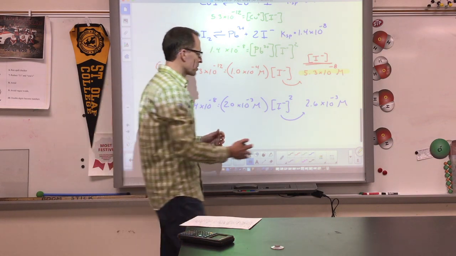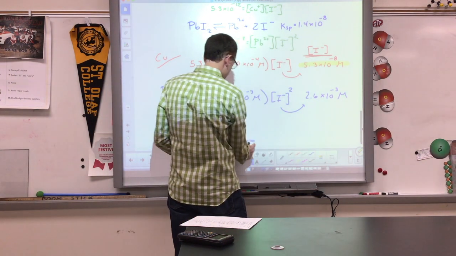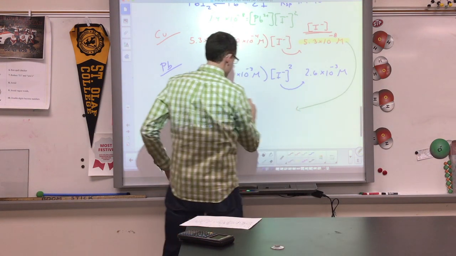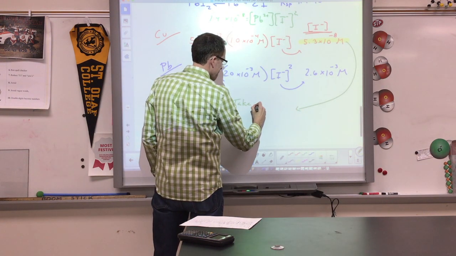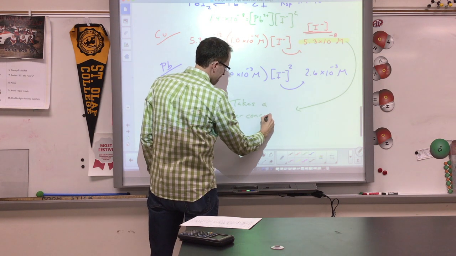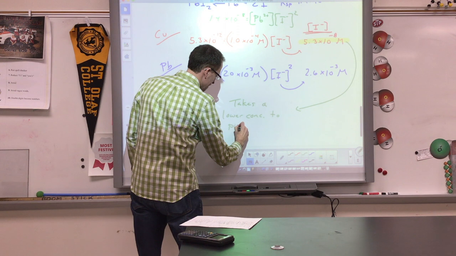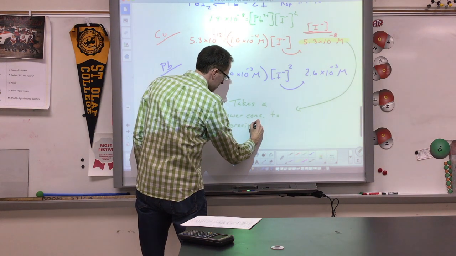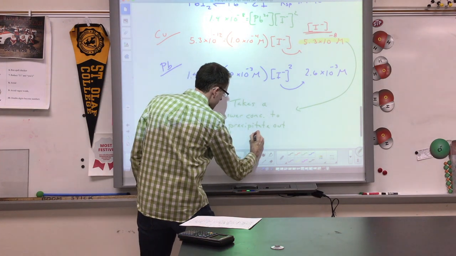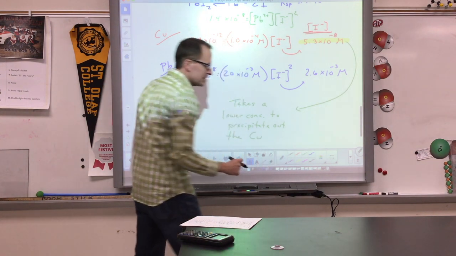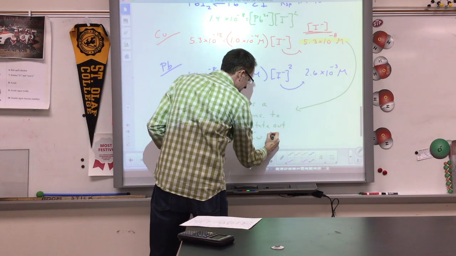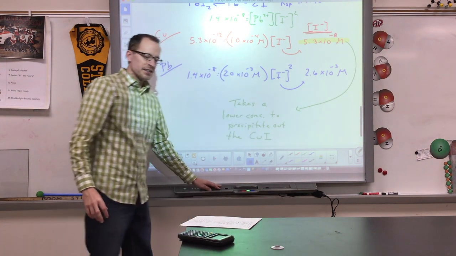It takes the lower concentration. It would take a lower concentration to precipitate out the copper. So honestly, it would be the copper iodide.